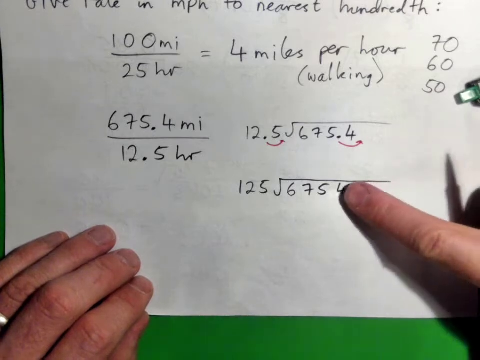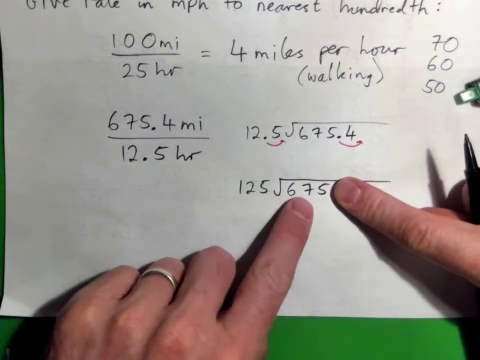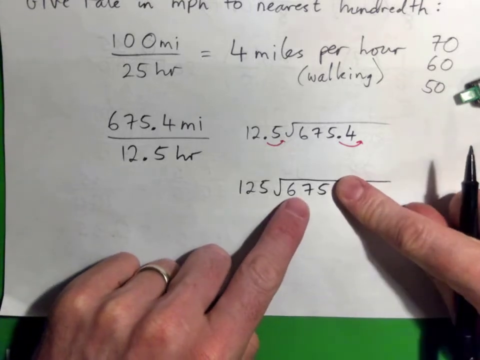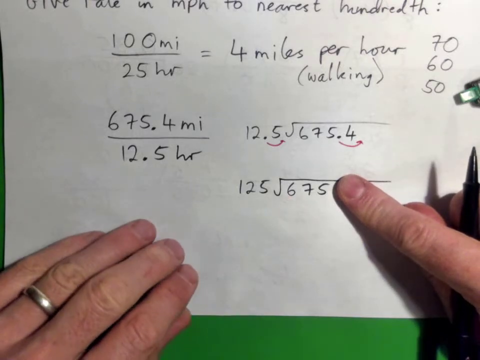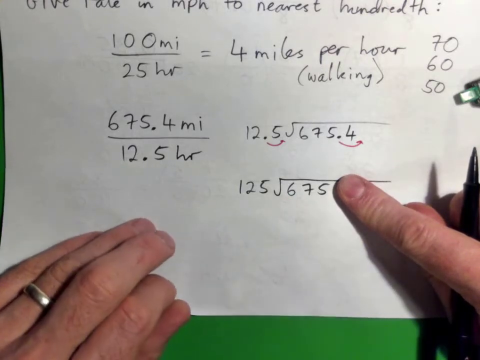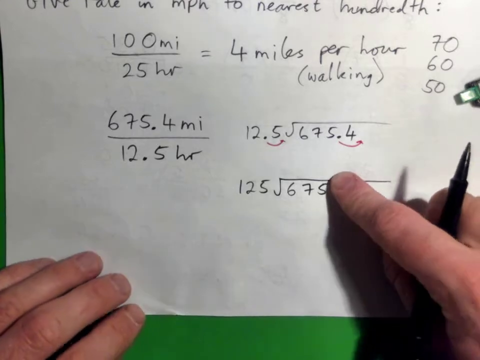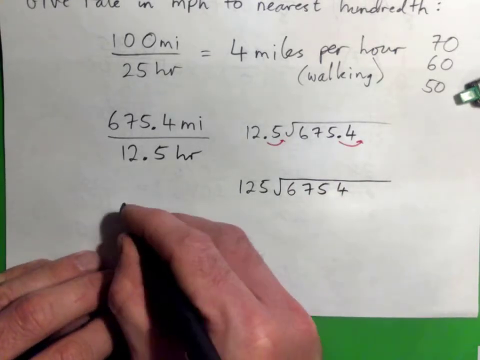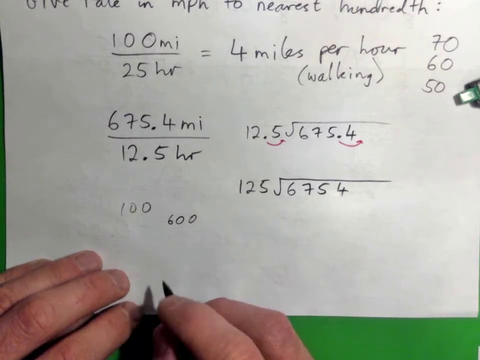So 125 into 6 won't go. Into 67 it won't go. How many times does it go into 675? Like, in your head, think 100 goes into 600 how many times? 6 times.